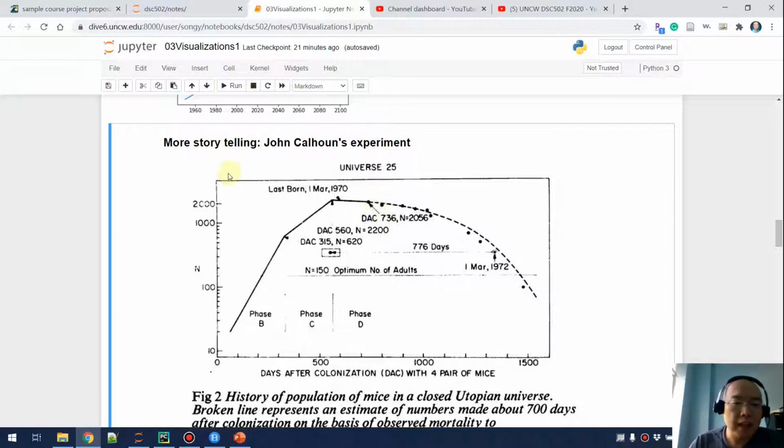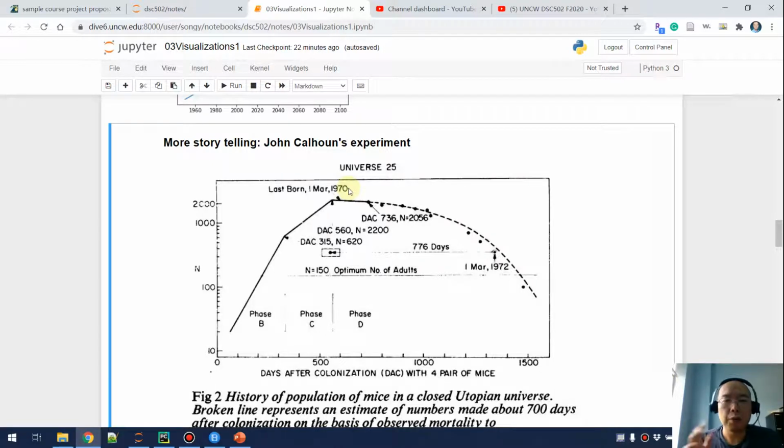Okay, and another thing I want to talk about is, if you check the y-axis, he applied the log scale to the y-axis. So from 10 to 100 is an increase of 10 times, and from 100 to 1000 is also a 10 times increase. So every 10 times increase, the spacing will be the same. Okay, so if you check this one, even though it seemed that the population growth had slowed a little bit, remember, we are using the log scale.